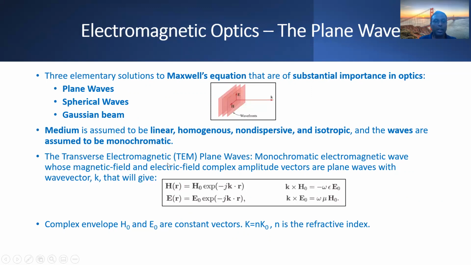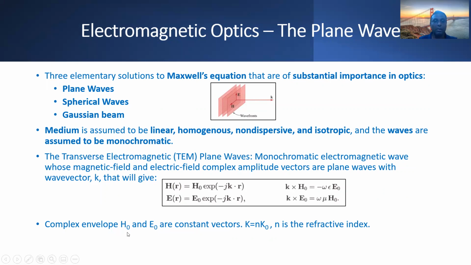The transverse electromagnetic or TEM plane wave is a monochromatic electromagnetic wave whose magnetic field and electric field complex amplitude vectors are plane waves with wave vector k, given by H(r) equals H naught exp(-jk·r), where k times H naught gives omega epsilon E naught, as well as E(r) equals E naught exp(-jk·r), where k times E naught gives omega mu H naught, right?